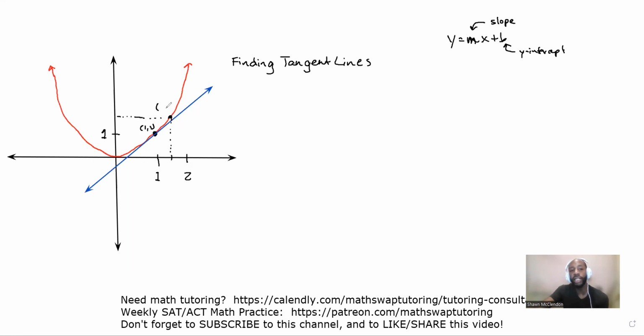We're just going to call the x coordinate x. Keep in mind that the equation for our curve is y equals x squared. So the x coordinate is just going to be x. The y coordinate is going to be x squared, right? Because y is equal to x squared.